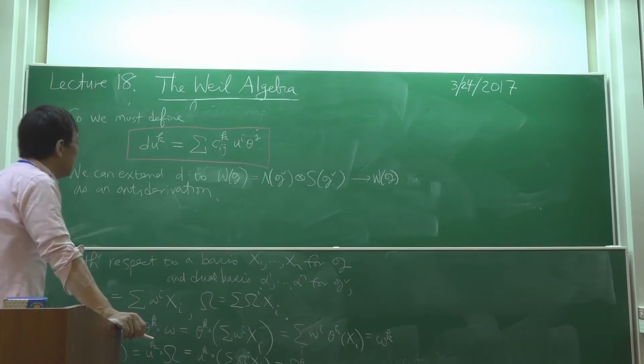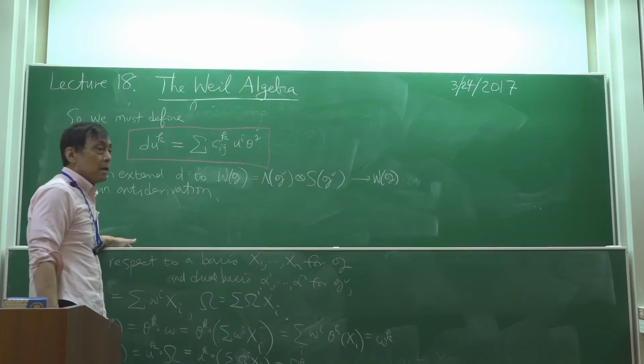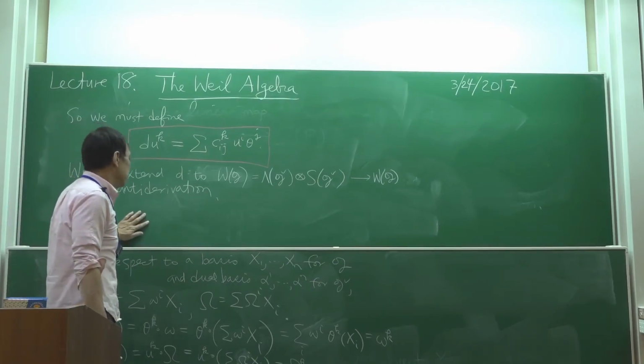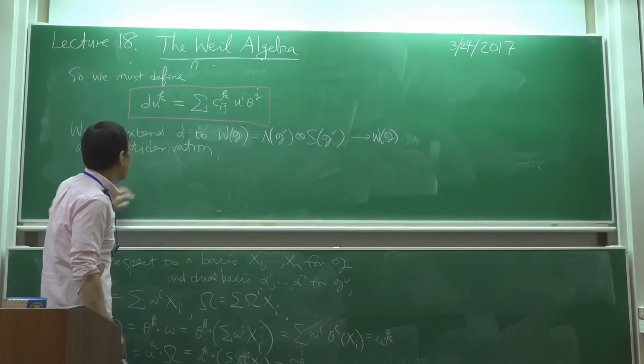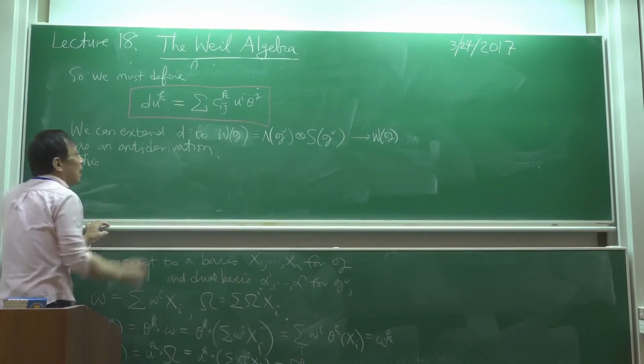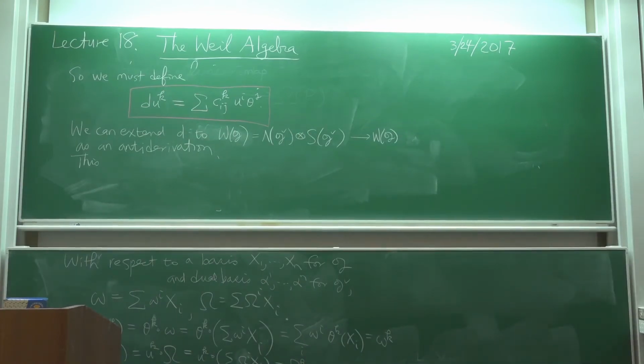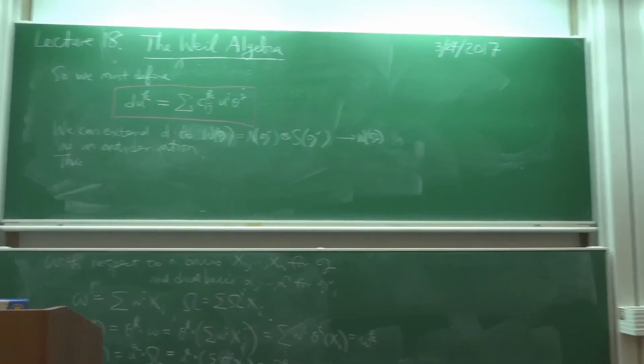So now the Weil algebra has a differential. This differential raises the degree by 1. Theta has degree 1, u has degree 2.